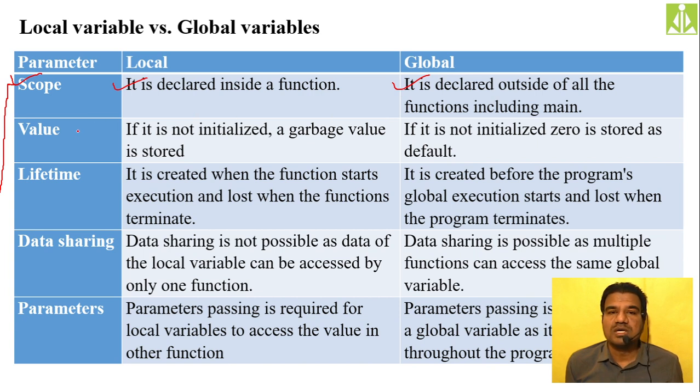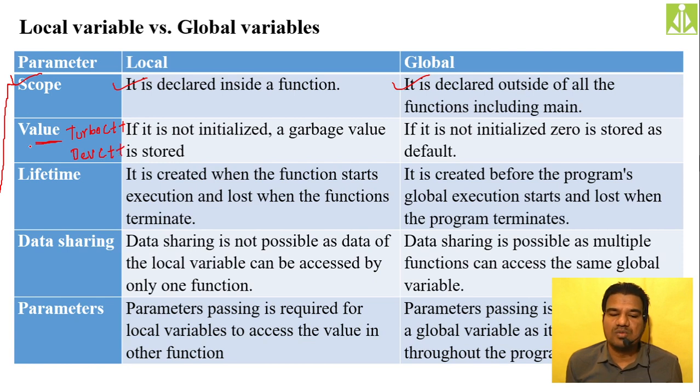And the value parameter depends on the type of compiler you are using. We know two different types of compilers that we are using in our lab. The first type is the Turbo C++ compiler, and the second type is the Dev C++ compiler.